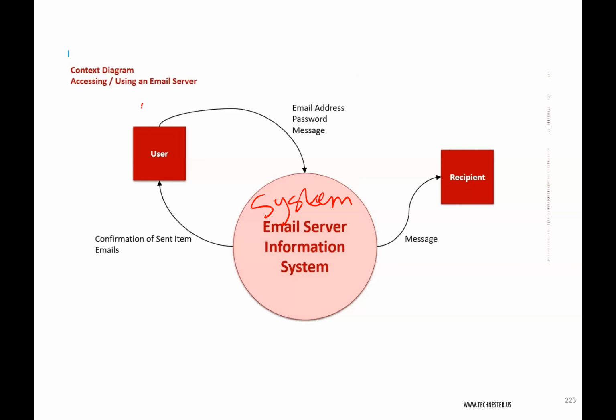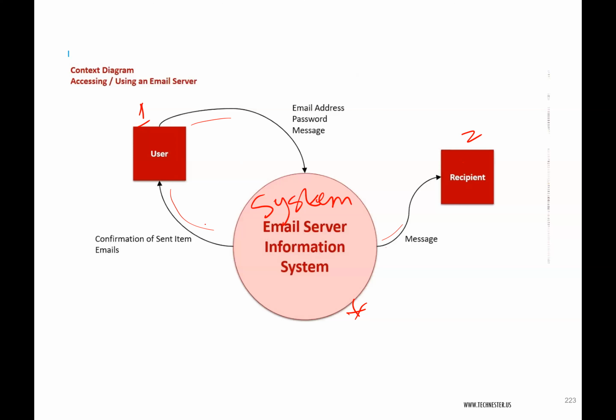So this is an external entity, this is another external entity, and this is the core system being developed. Then you have arrows showing the message flowing between systems. Okay, so these are the three components of your context diagram. It's basically the simplest modeling technique to use because it only has three components: your squares, circle, and arrows. Three components to create the model.